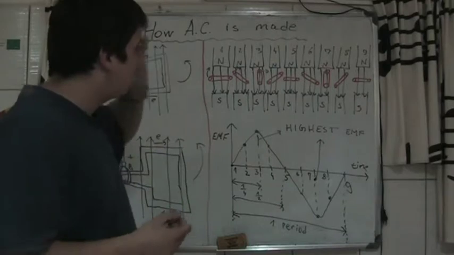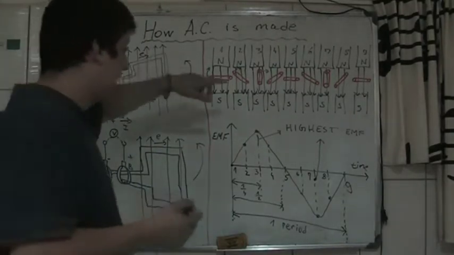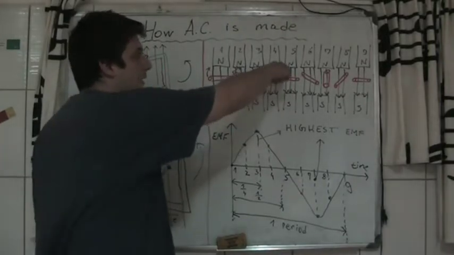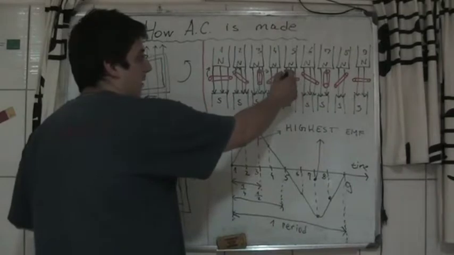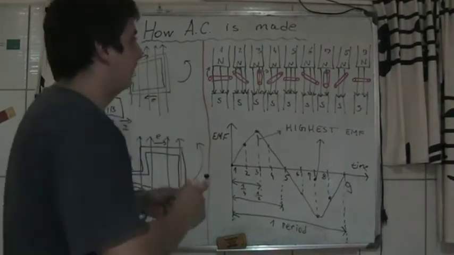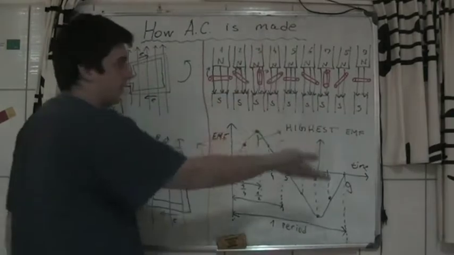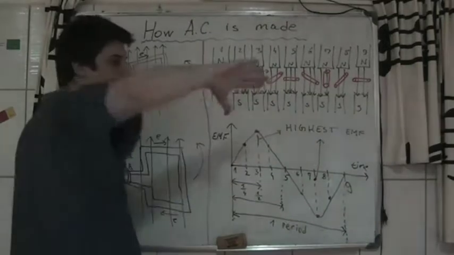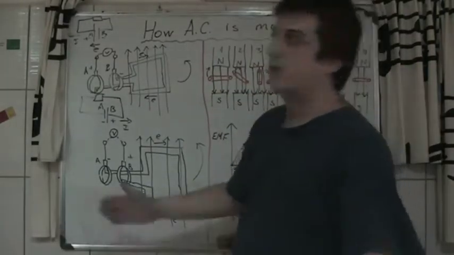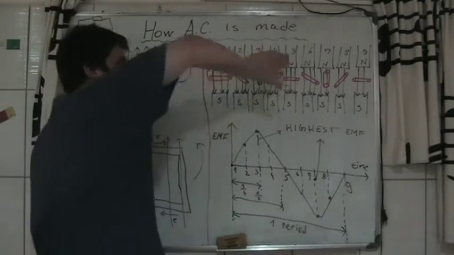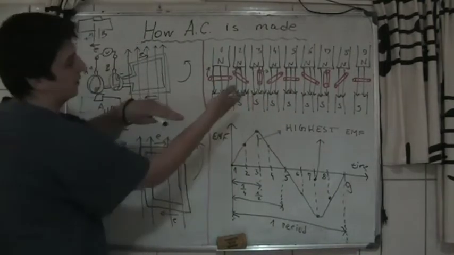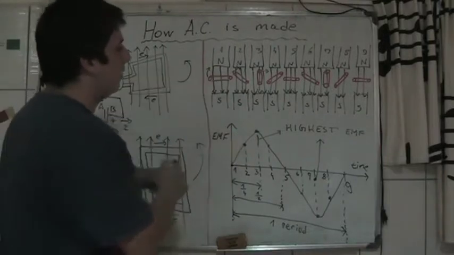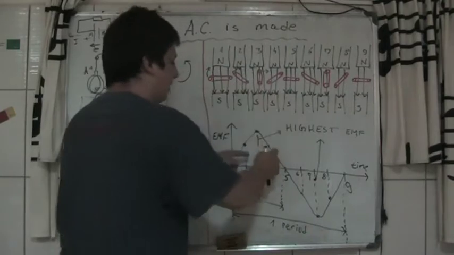Now here you're going to go in this direction. The thumb of the hand shows you the movement of this conductor, and as you can see, some of the magnetic field lines go in. The values here and here are the same.